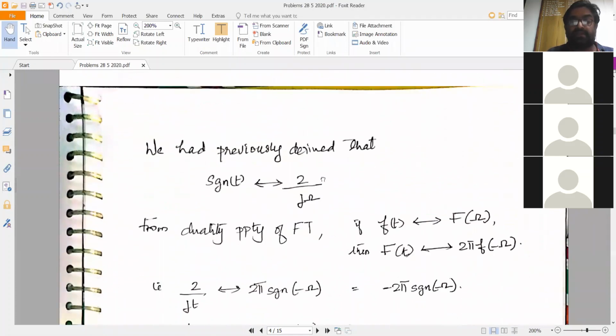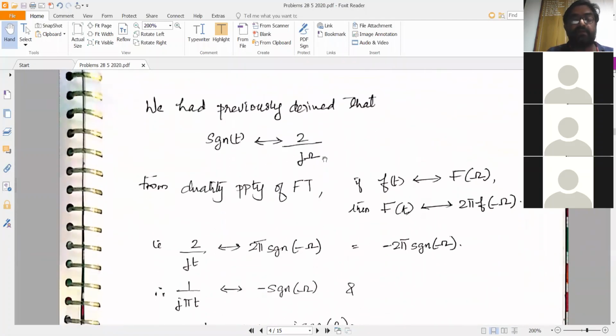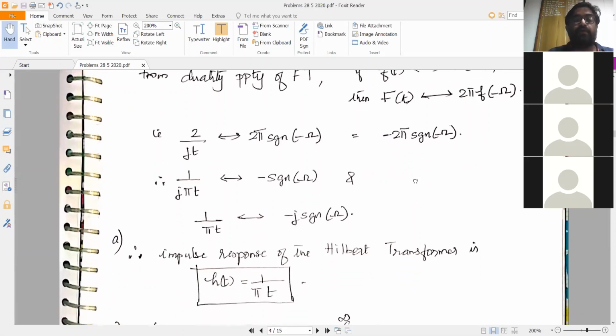For that, you will apply the duality theorem. You know that signum of t has got a Fourier transform given by 2 by j omega. So duality states that 2 by jt can be Fourier transformed to 2 pi signum of minus omega. Now signum of minus omega is just minus signum of omega, so that becomes minus 2 pi signum of omega.